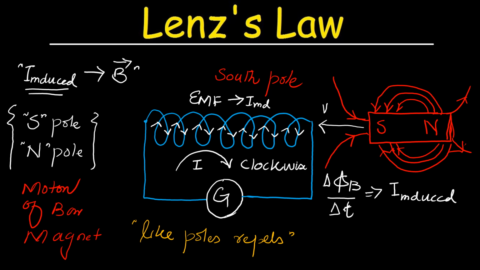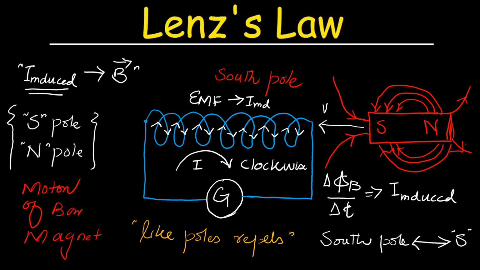So when the magnet is moving toward the coil, the magnetic field in the coil becomes a south pole. The south pole of the coil will repel the south pole of the bar magnet.